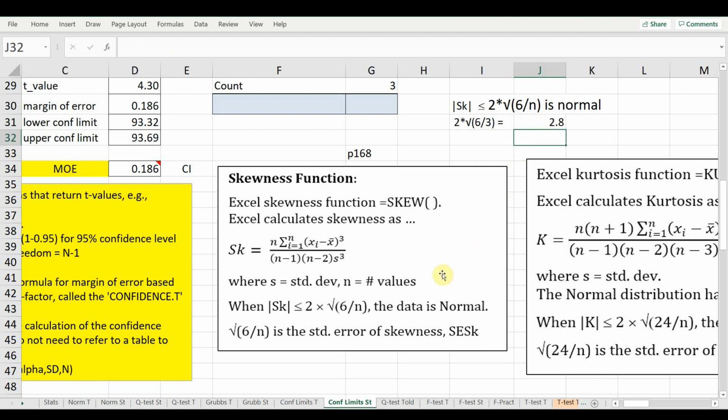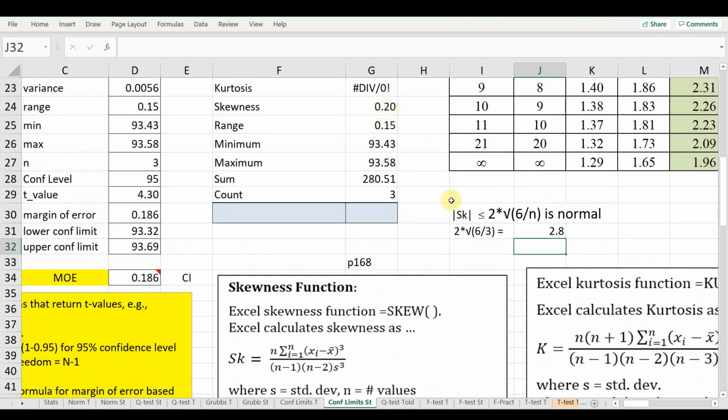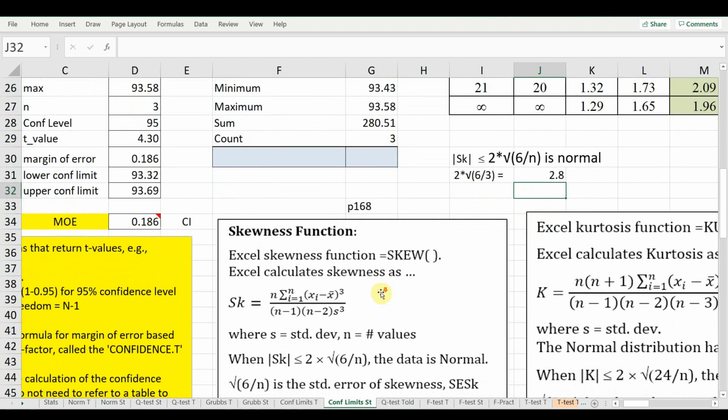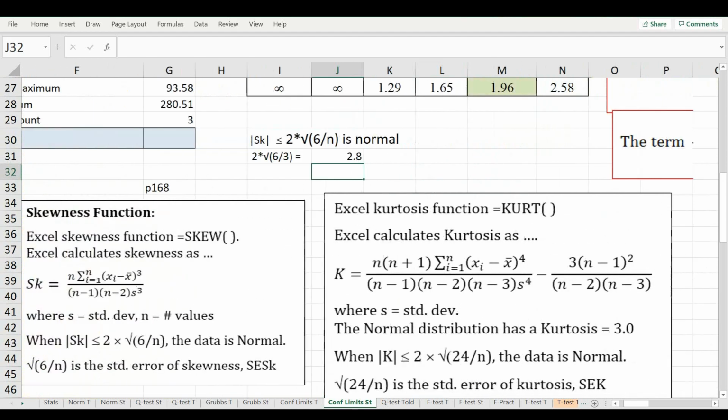So 2 times the standard error of the skewness is 2.8. And in our case, certainly then the skewness is way less, it's 0.2, and therefore Excel deems this data set to be normally distributed.